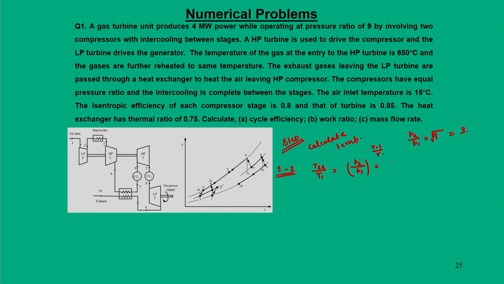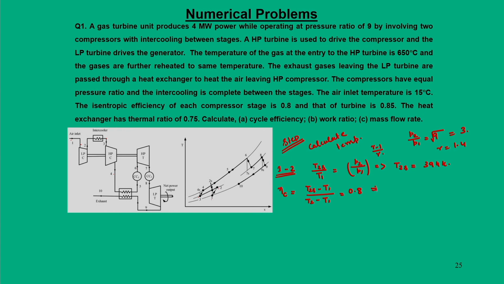Gamma is 1.4 because we are looking at the compressor side. From this equation T2s is 394 Kelvin. Once we know this, we know the compressor efficiency, that is T2s minus T1 divided by T2 minus T1, and that efficiency is 0.8.